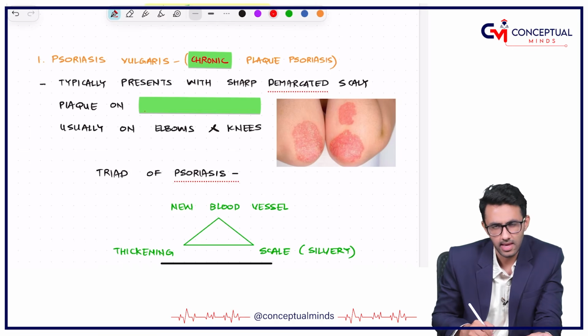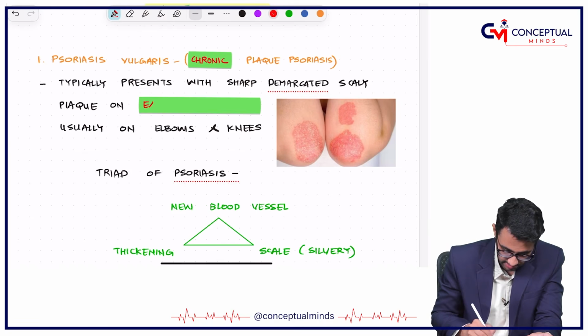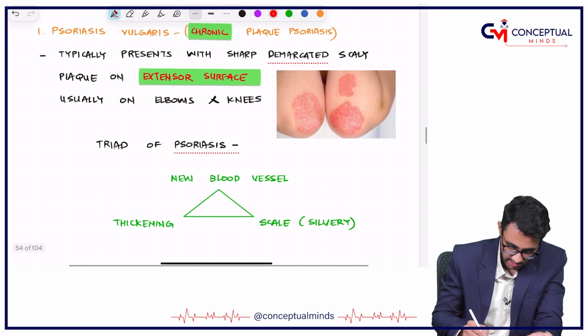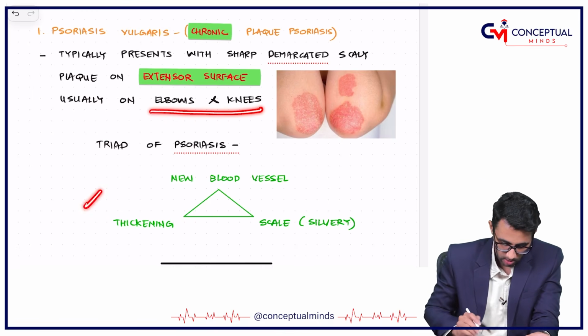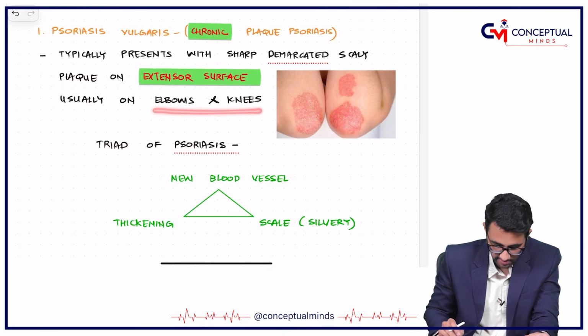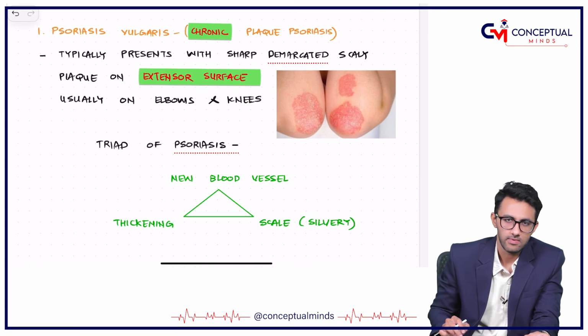The answer is going to be extensor surfaces. Where do you see it? We see it in elbows and knees. This point we also discussed. So elbows and knees will be the location. Yes, we will see this most.